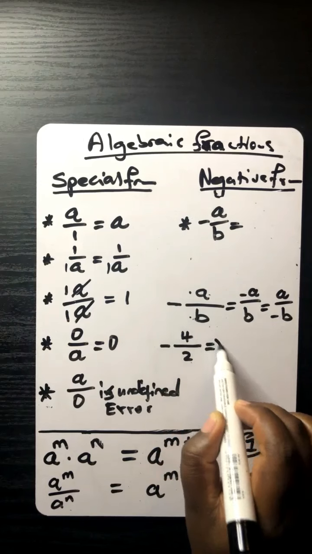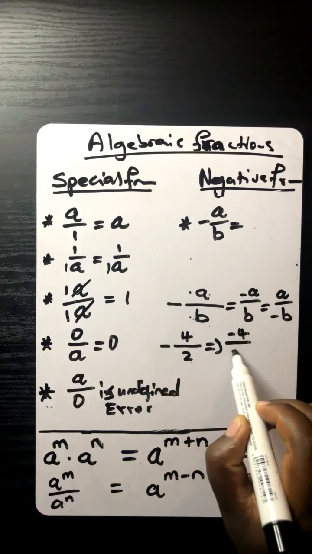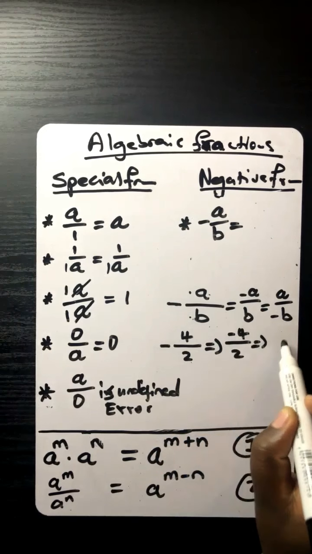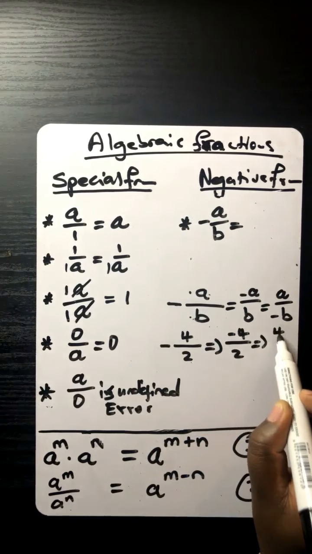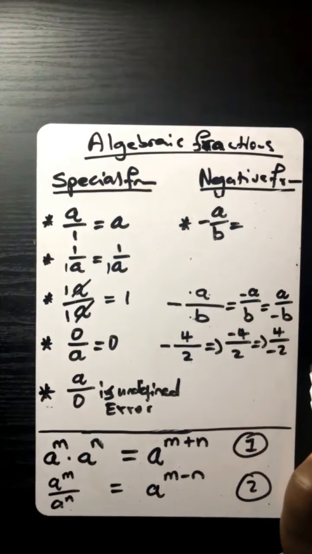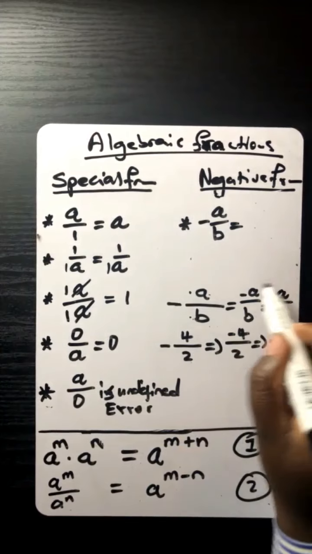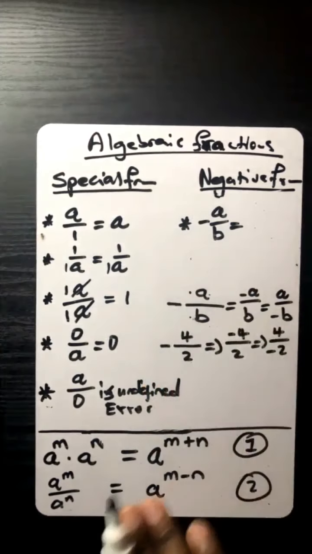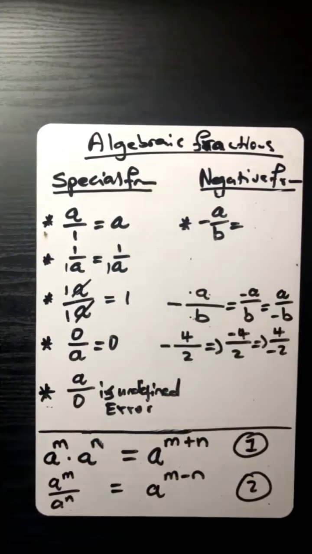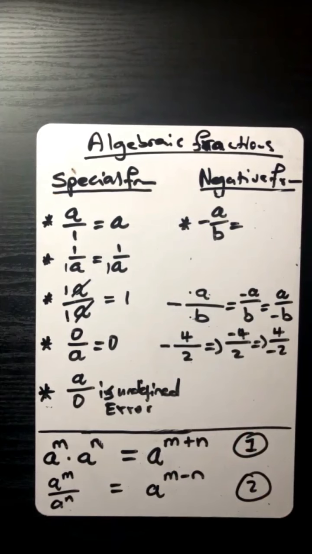And punch again a negative 4 over 2. Punch again a 4 over negative 2. Check if you get different answers. If you don't get different answers, then it means this is just the same thing, which is the opposite of what both of you said. So just punch until you get to that one and let me know.